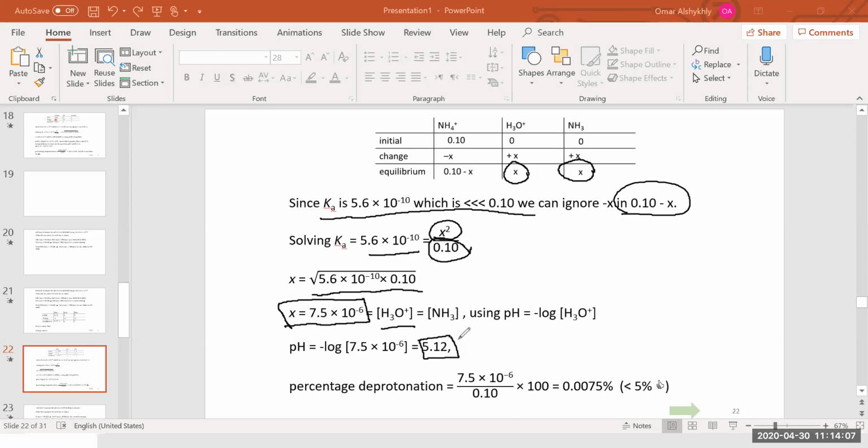So this is the pH for that salt solution. Percentage deprotonation is this amount divided by the initial, which is 0.1, times 100. We will get 0.0075%. So we are okay, less than 5%.